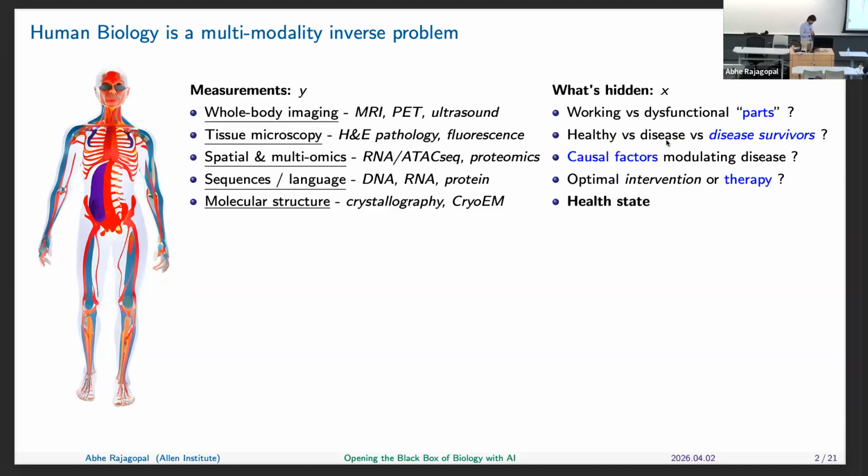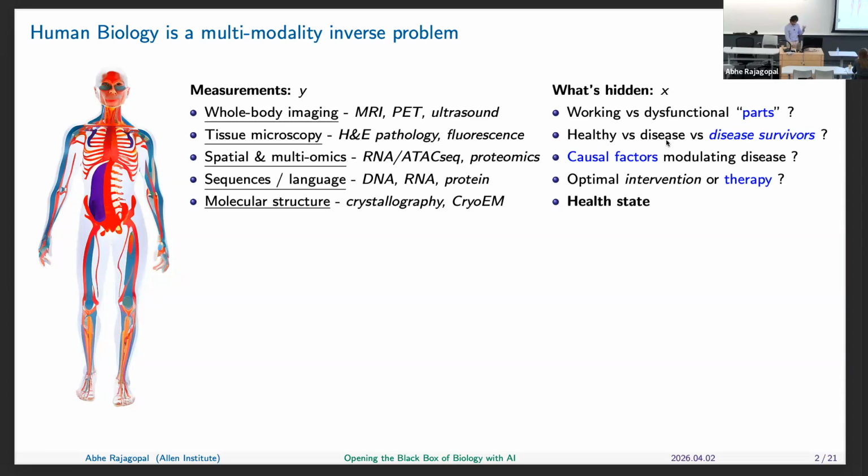And so a way to put this together is looking at what are the causal factors in biology, and importantly, if we can use the whole set of measurements to learn a health state for every person or every tissue or every cell, that is able to predict or forecast how that object will respond to intervention or how it'll progress in time.